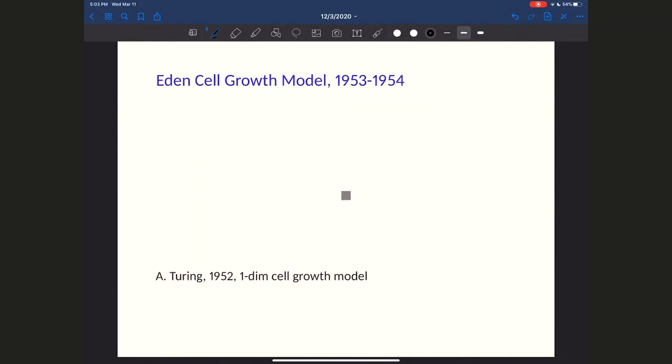So this is the Eden cell growth model, and this model was first simulated in 1953, 1954, and it's a very geometric, discrete, appealing model. So you start with one square, and then you can think that you are in the infinite square tessellation of the plane.